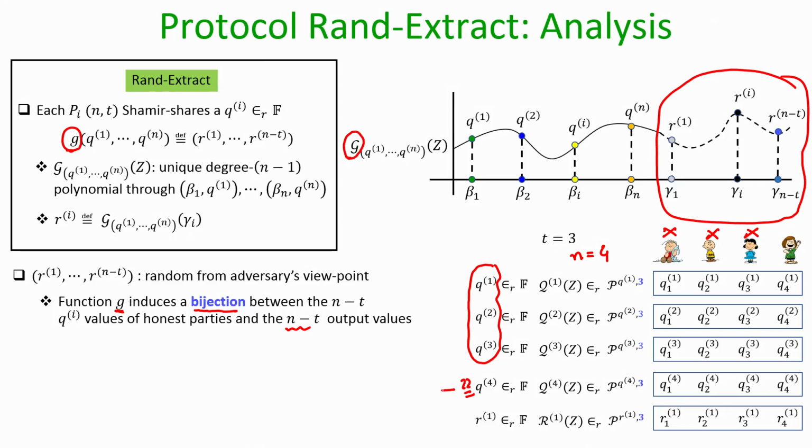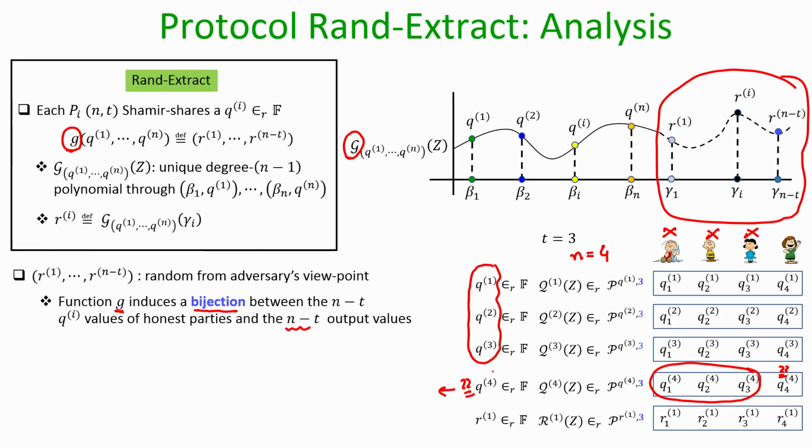That means the adversary can make a hypothesis about any candidate q 4 from the field for which it would have received 3 shares. Just based on 3 shares, the adversary cannot tell what exactly was the 4th share and hence what was the 4th q value which the 4th party has secret shared.